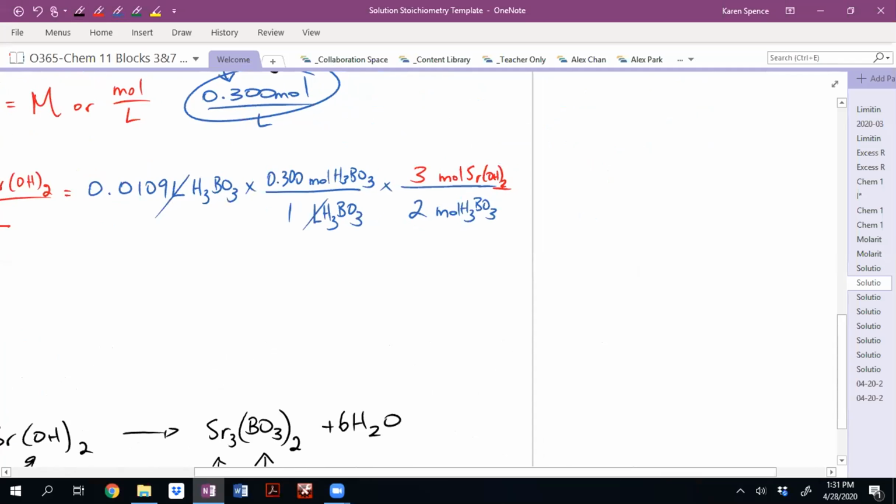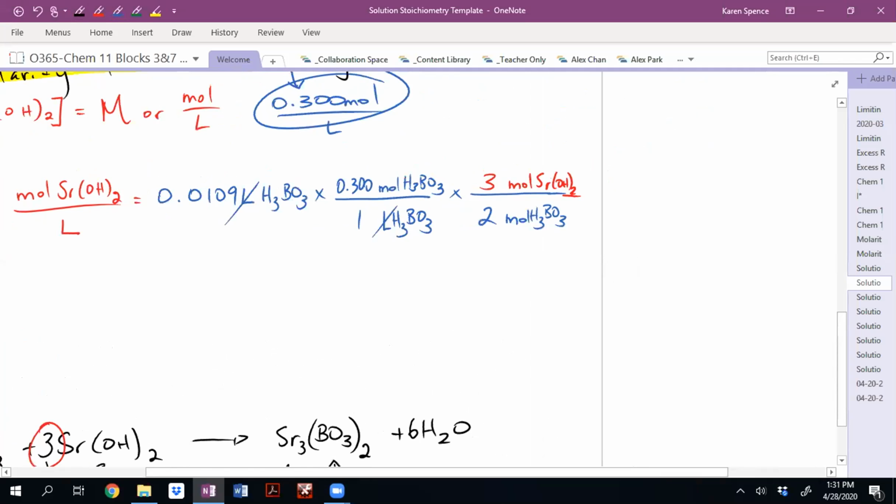All right, and then for our final step, this might be a little tricky. I'll show you 2 ways of doing it. We wanted moles of Sr(OH)2 on the top, and we have moles of Sr(OH)2. Now, we want to have liters on the bottom.